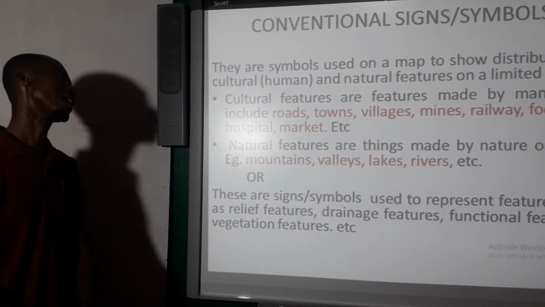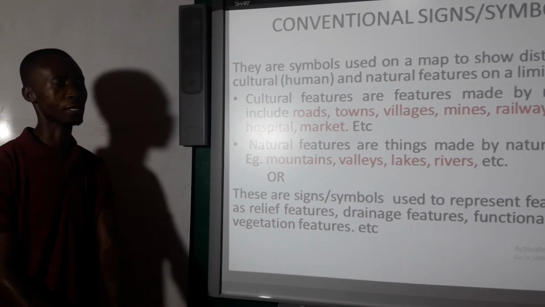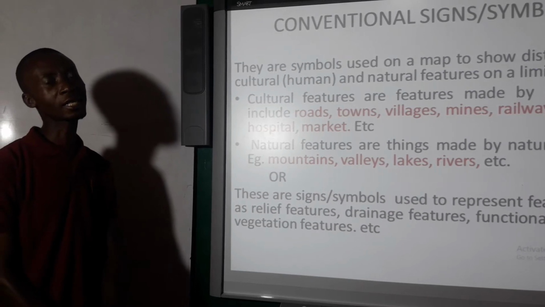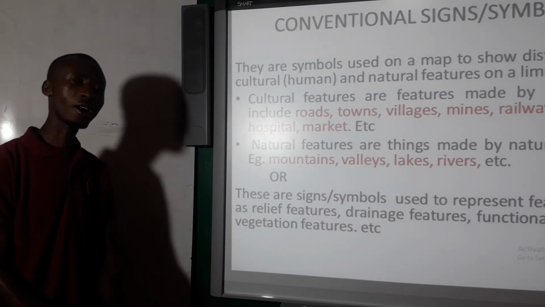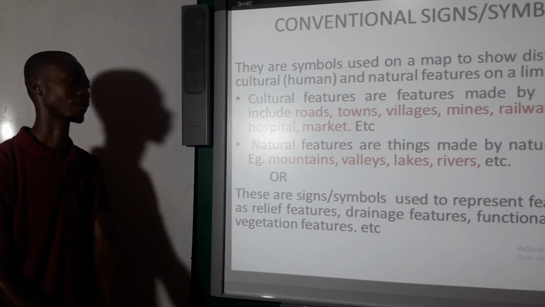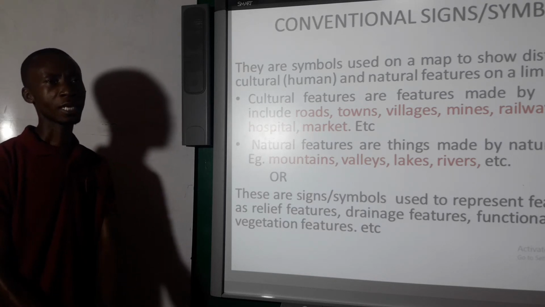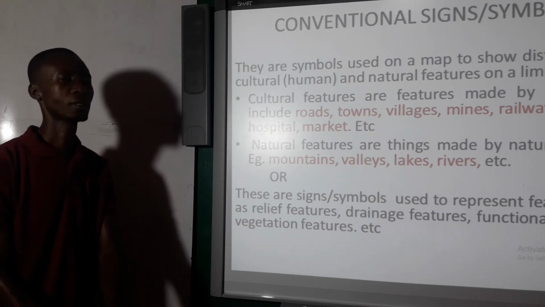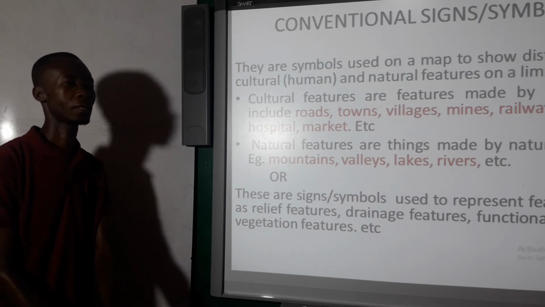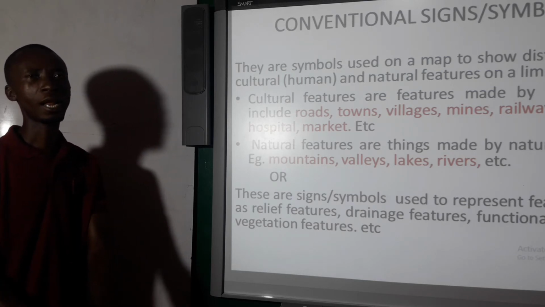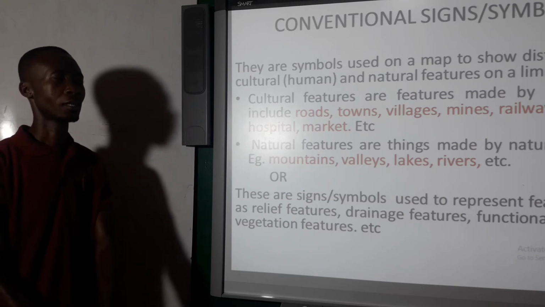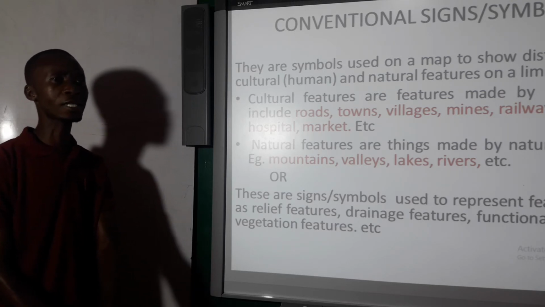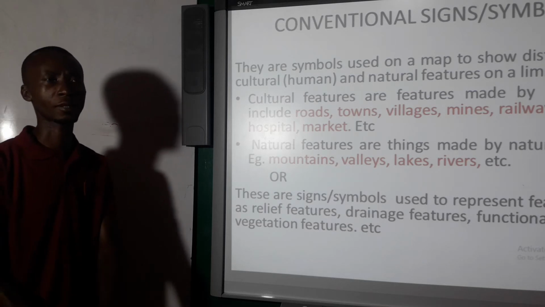And when we say natural features, they are things found on the land or on the earth's surface, for example, a mountain, valley, lakes, and other features. So you can see all these things on the earth's surface.